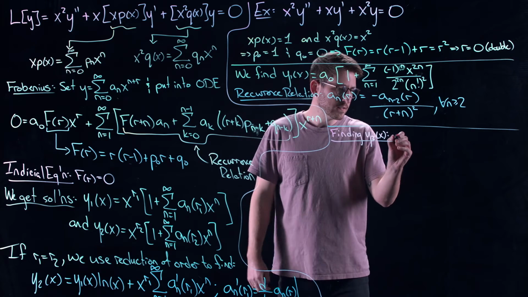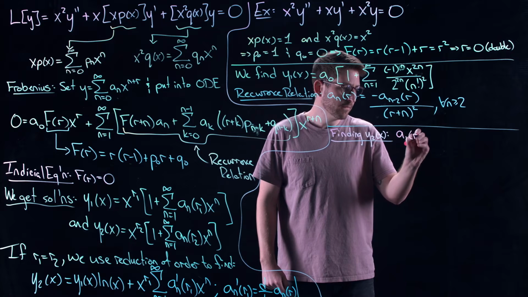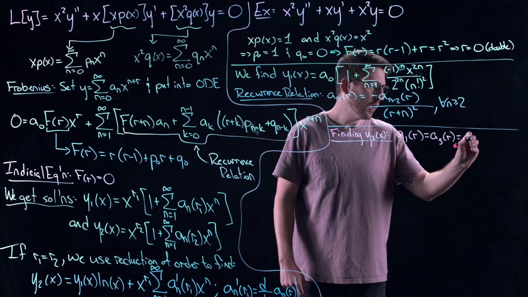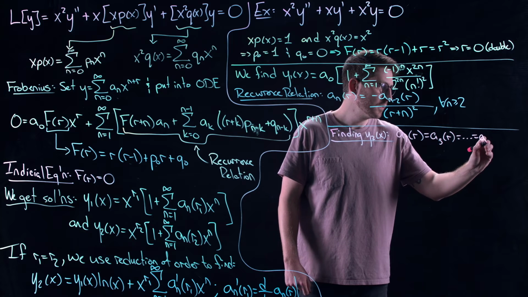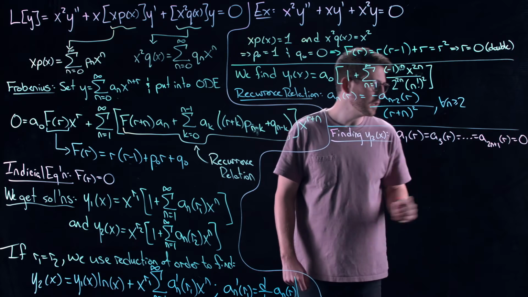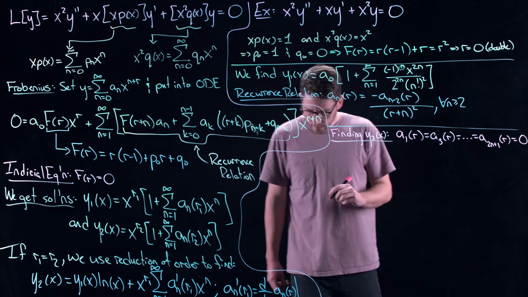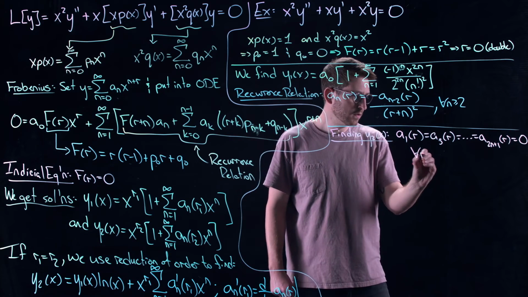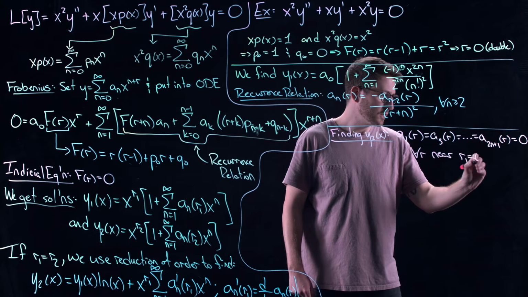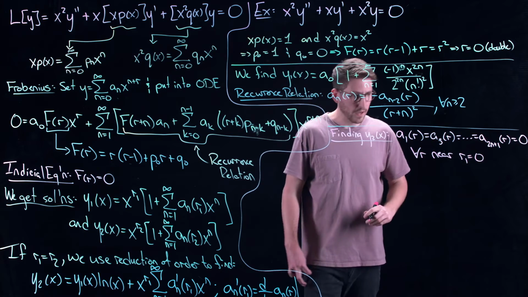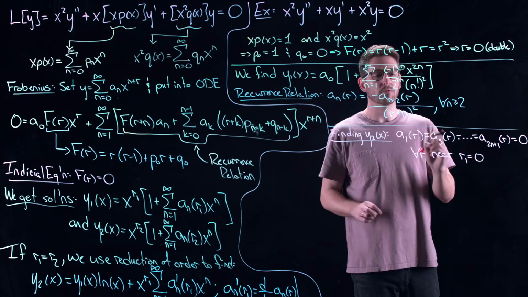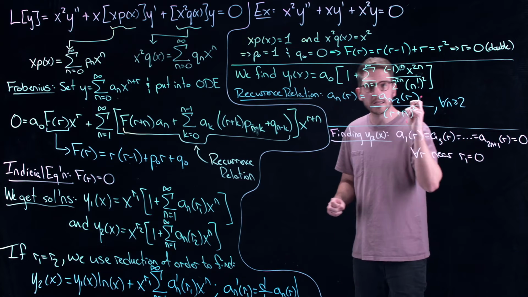First thing we note is that a1 of r, a3 of r, all of the odds, these are equal to 0 for all r near r1 equal to 0. So basically, this is telling me that I'm only looking at derivatives of the even terms.